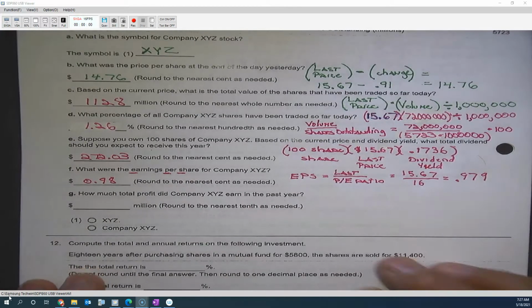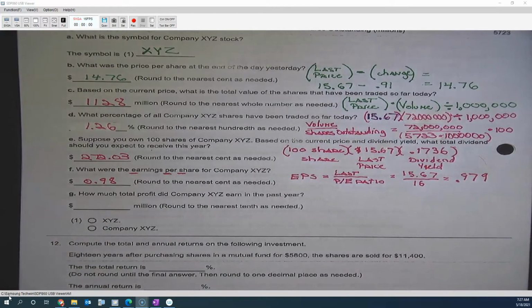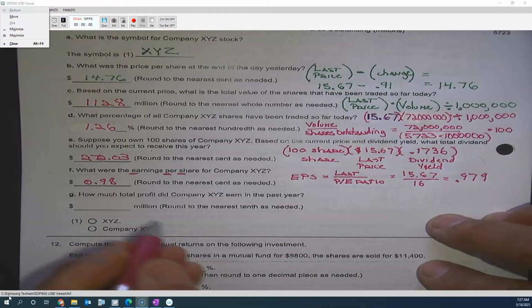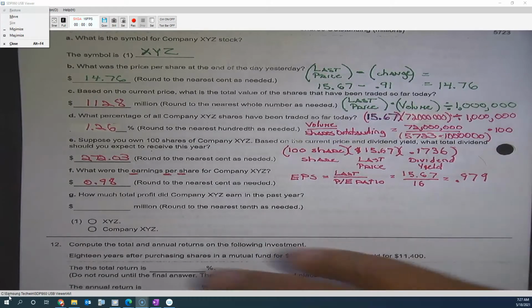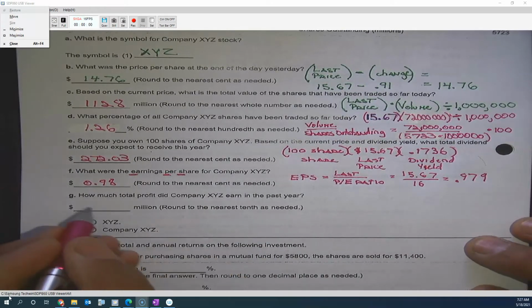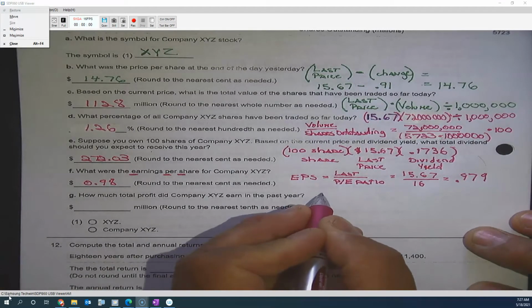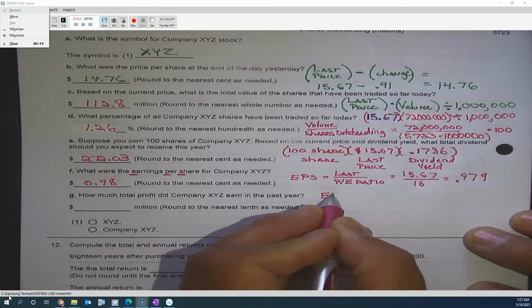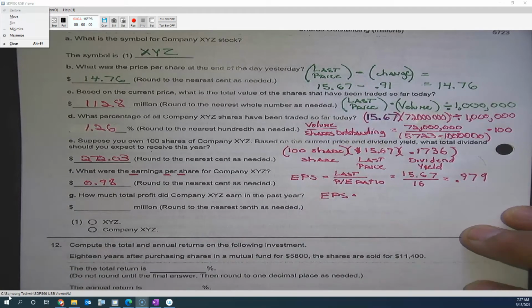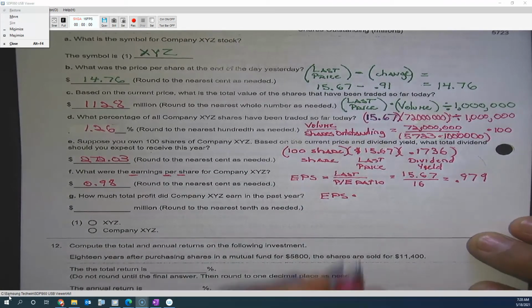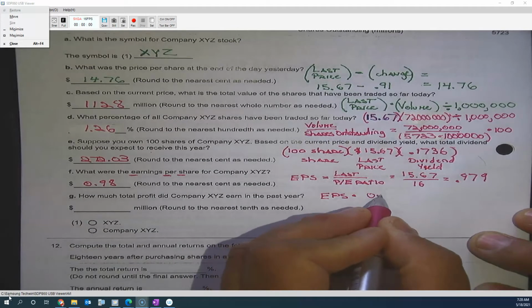Okay, now to get your profit, you're going to take your earnings per share, the EPS, and you're going to multiply it by the outstanding shares.